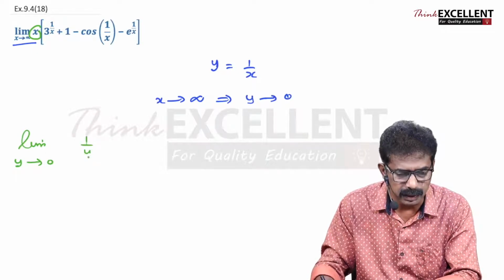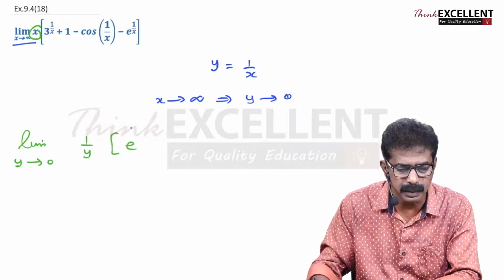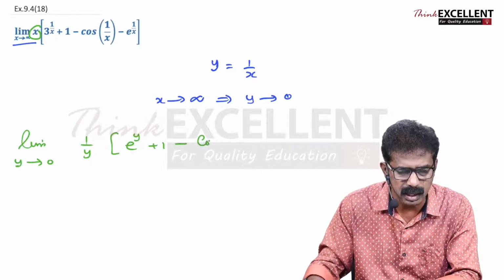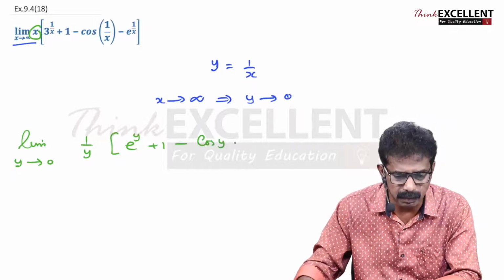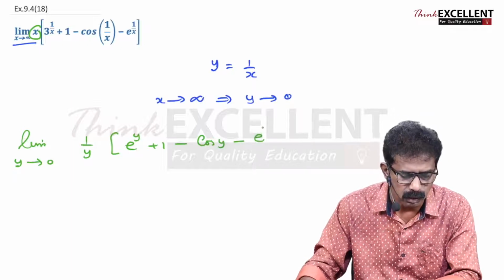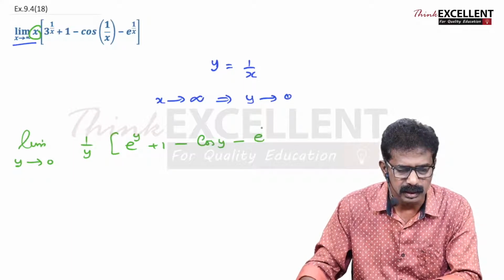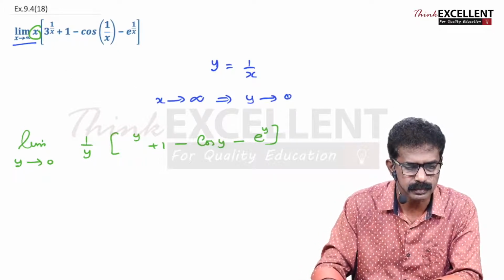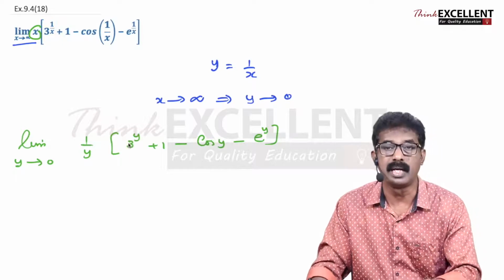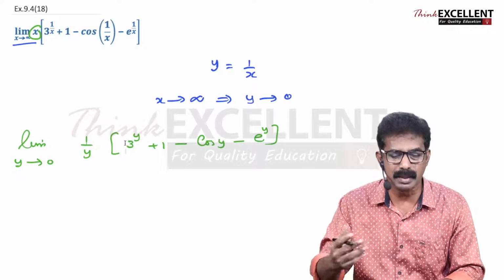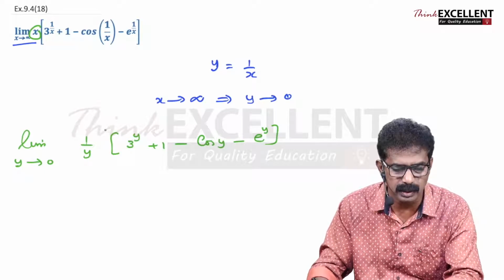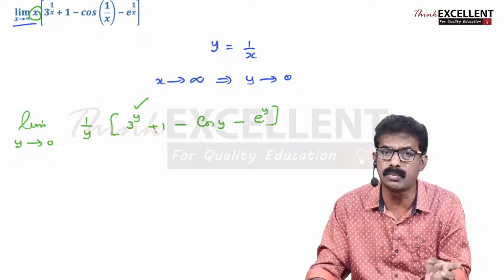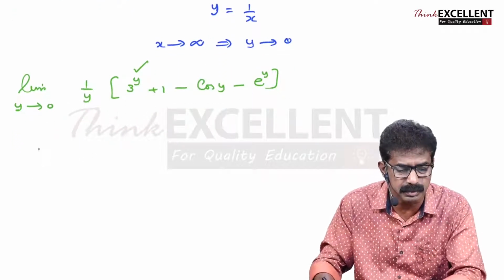X means it is 1 by y, into 3 raised to y plus 1 minus cos y, since 1 by x is y, minus e raised to y again, right? The first one is not e raised to y, that is 3 raised to y. Now this is the a raised to x minus 1 by x form, instead of x we have y. So 3 raised to y means we need a minus 1, but here we have plus 1. We want minus 1. So please listen, I'm going to make some changes.